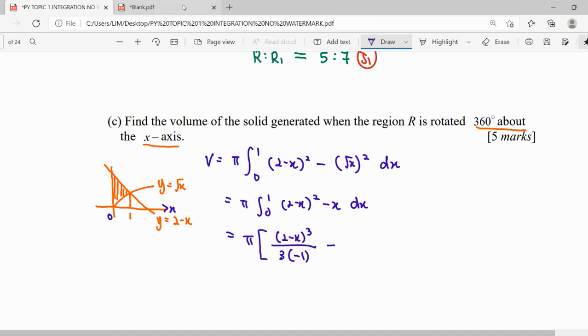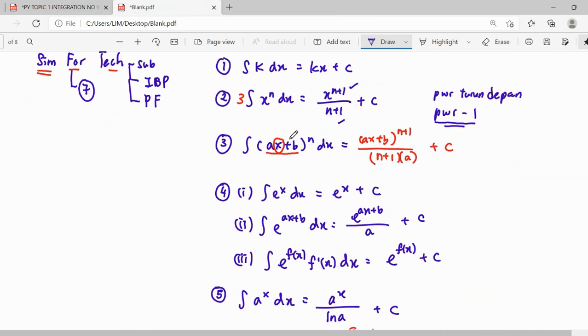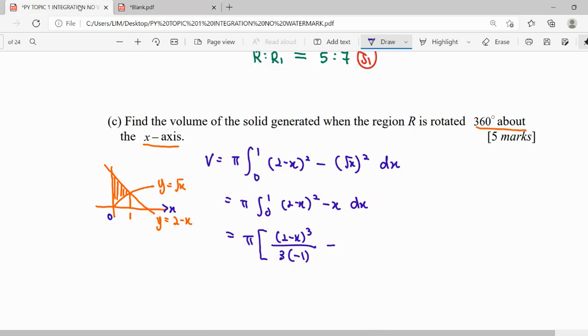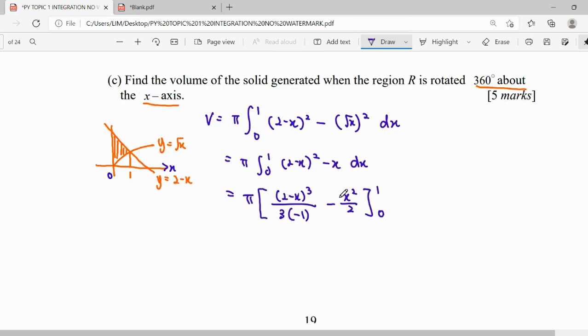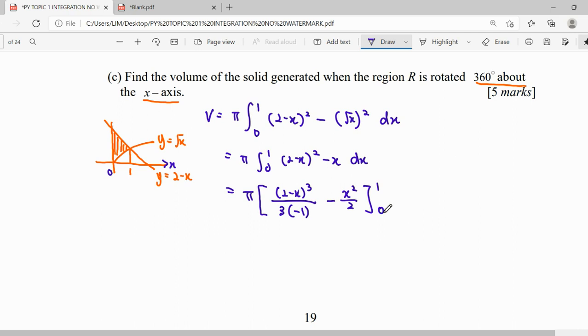This is formula number 3, a bracket of x, power plus 1 over the new power, and then the coefficient of x. If you have x only, just power plus 1 over the new power. So don't forget our limits. Upper limit is 1, lower limit is 0. For area and volume, it is normally just 4 steps: formula, integrate, writing limits, and last step, evaluate. Now I'm doing the third step, which is writing the limits.